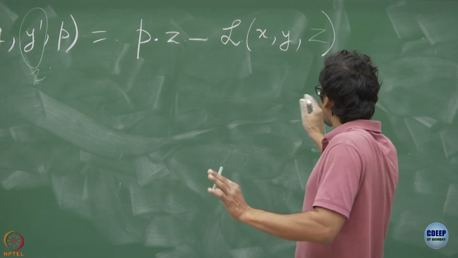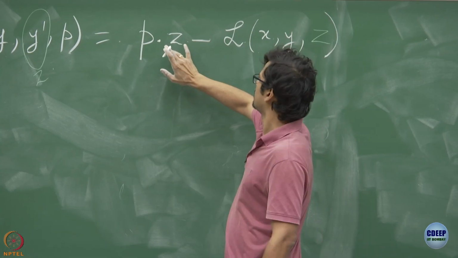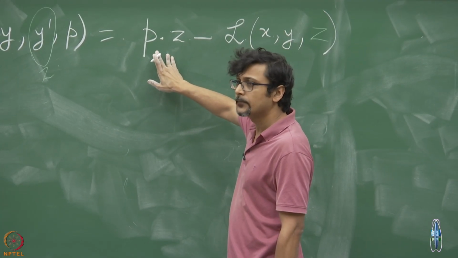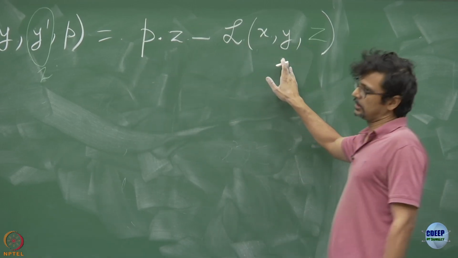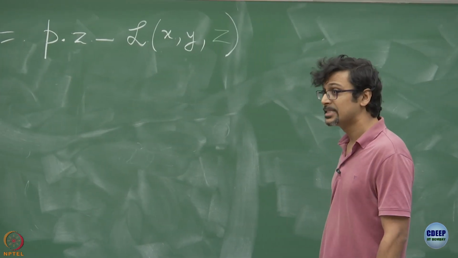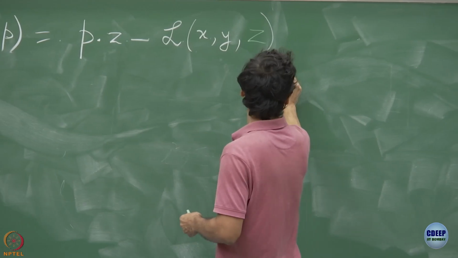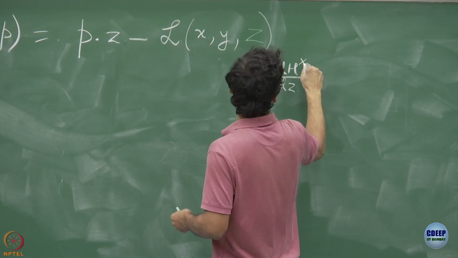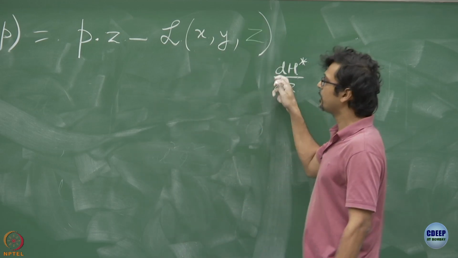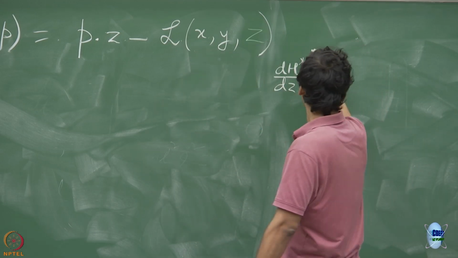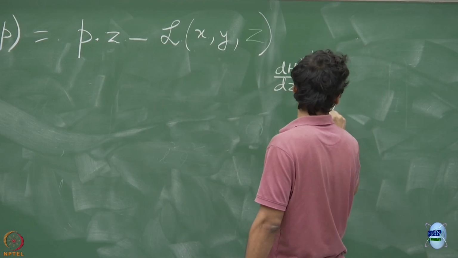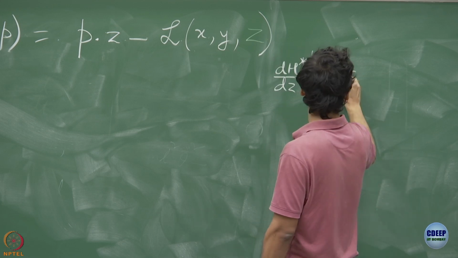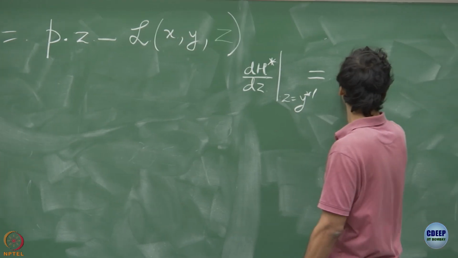Yes, and then we saw that, well, if you take the differentiation of this with respect to z, then what happens? Leads to a stationarity at z equal to y star prime. We saw that dH star, which is the H evaluated at the optimal trajectory and evaluated at z equal to y star prime, was 0, right?